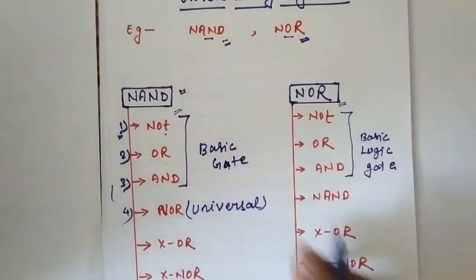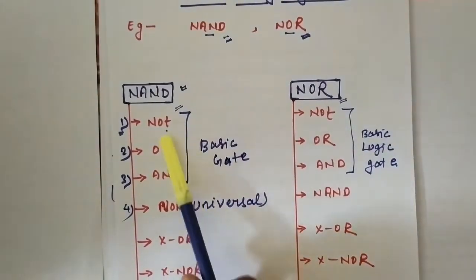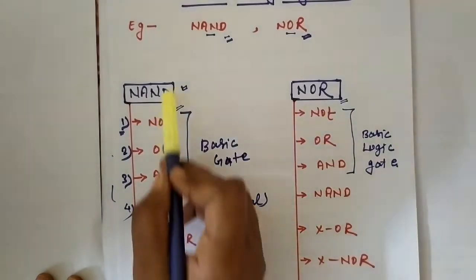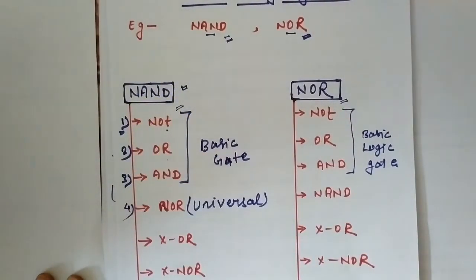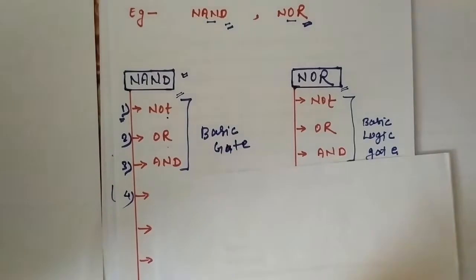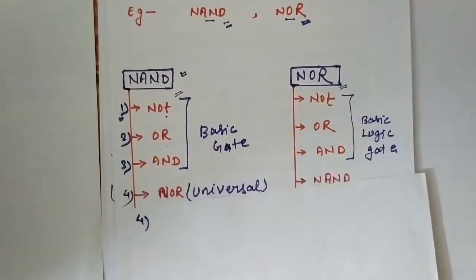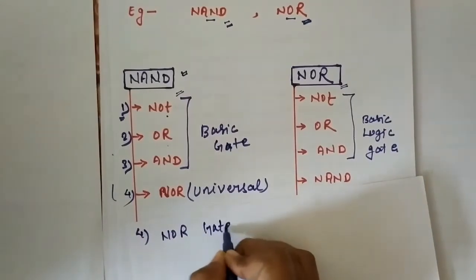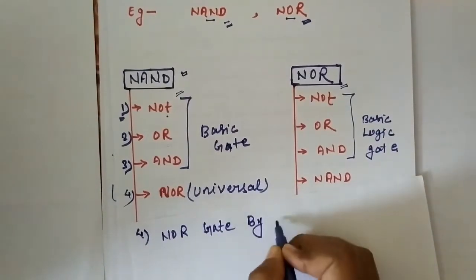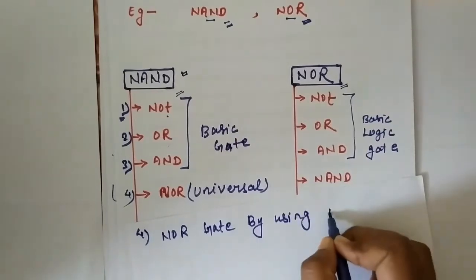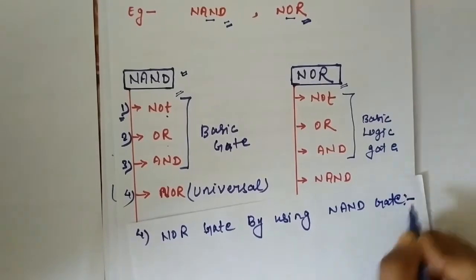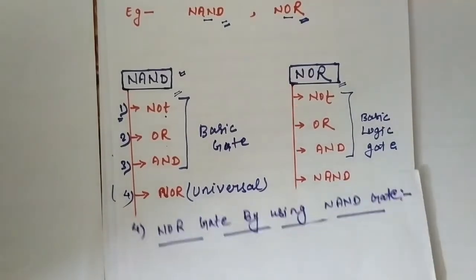So we can easily create this basic logic gate by using a NAND gate, and we also create a NOR gate, that is a universal gate, by one more universal gate. So the fourth one is NOR gate by using NAND gate.